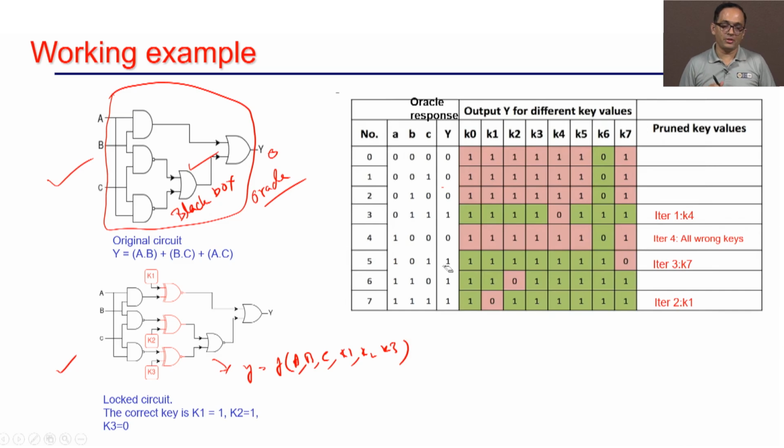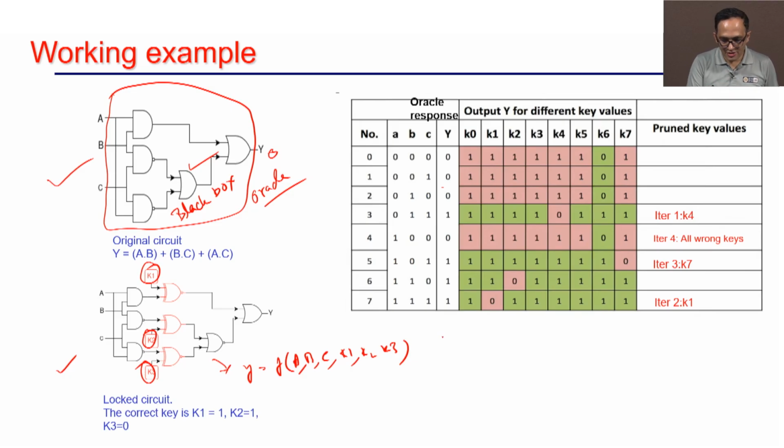This is the original behavior. Now there are 3 keys, right, K1, K2 and K3. Again I am saying this is just for explanation purposes. The SAT attack won't see this table; it will just handle the equation and try to give some input values, right. This is just for internal understanding of what is happening.